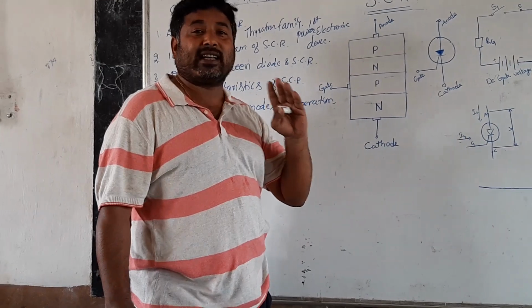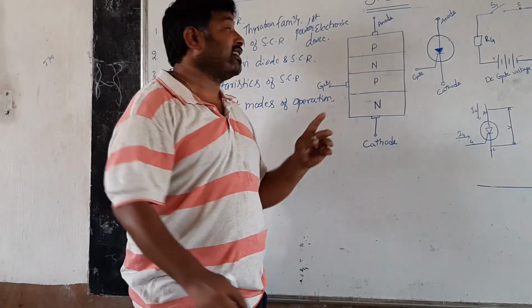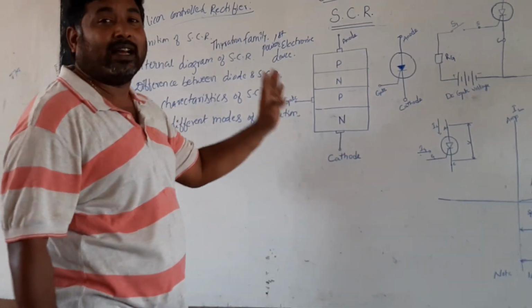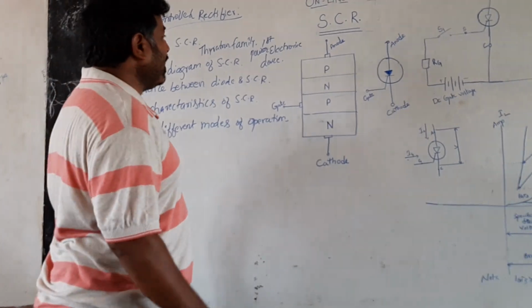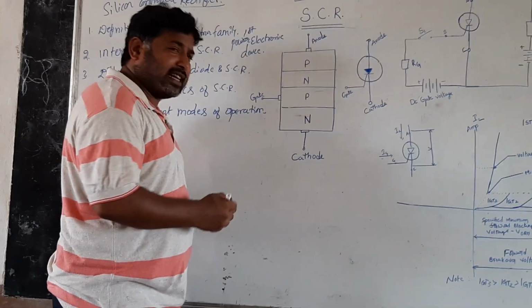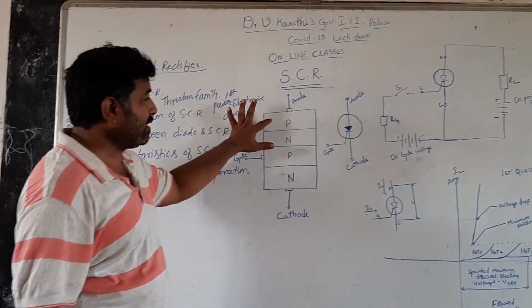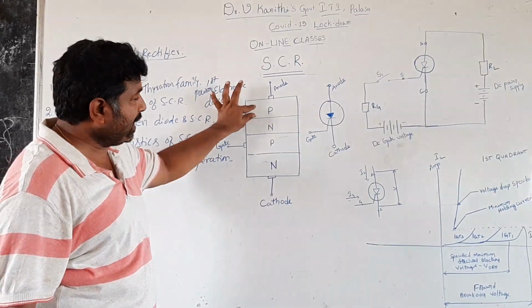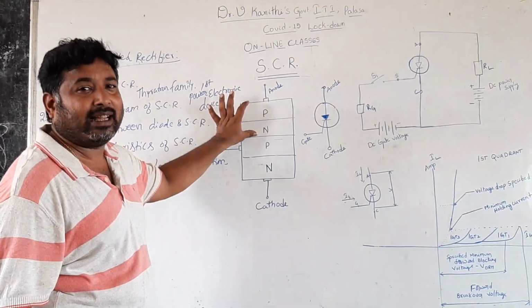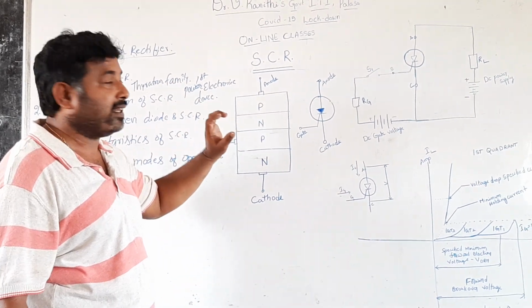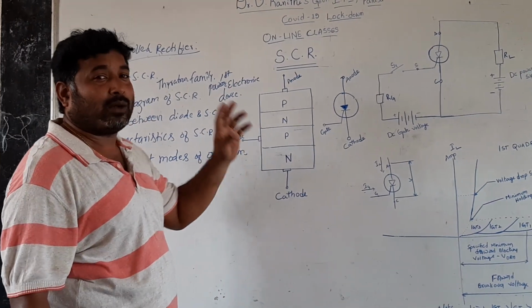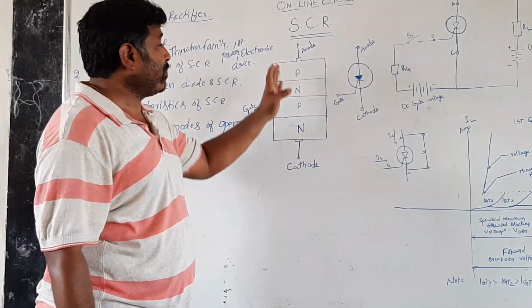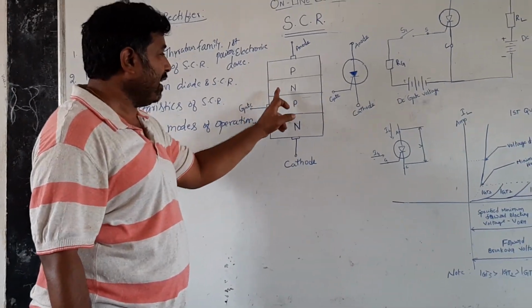Now we are focusing our attention on the internal characteristics of an SCR. In a diode, we have only two terminals, P and N. One trivalent impurity and one pentavalent impurity are properly combined with one another. On the other hand, in an SCR, we connect two PN junctions like this, PN and PN.